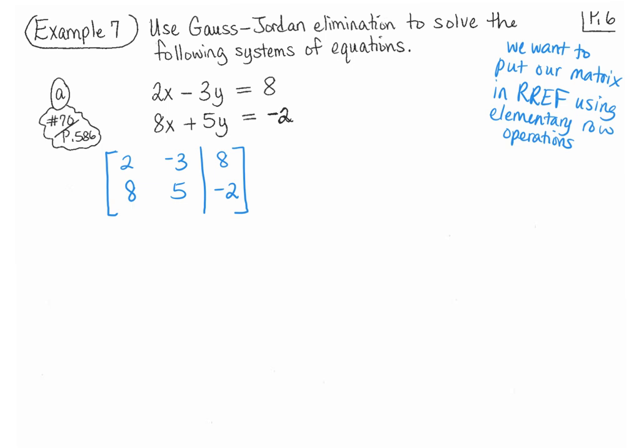Remember, your legit elementary row operations, the things that allow you to play the game to reduce: you can swap rows, you can multiply a row by a constant, which is the same as dividing a row by a number, and you can add a constant multiple of one row to another row.